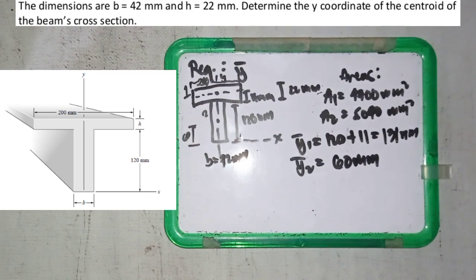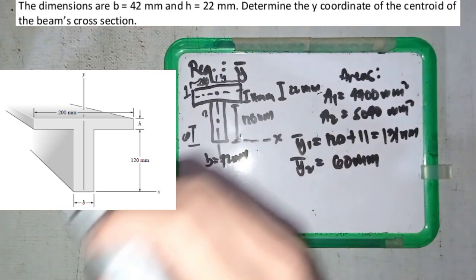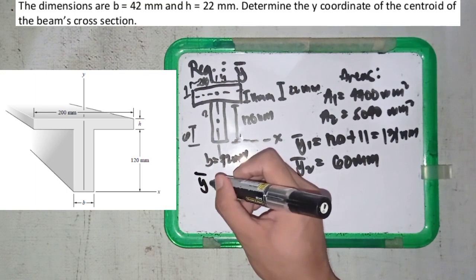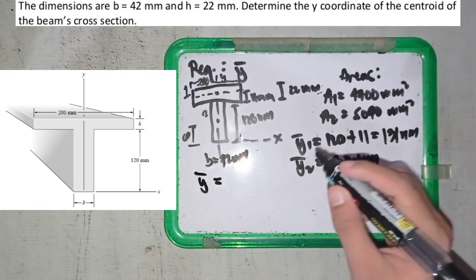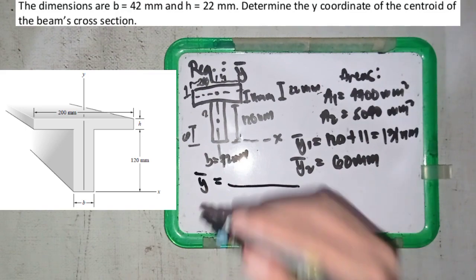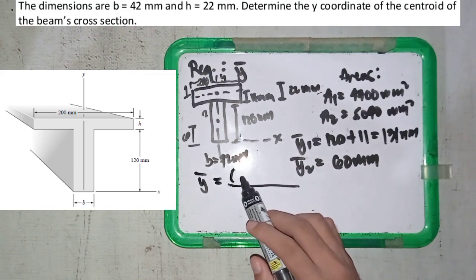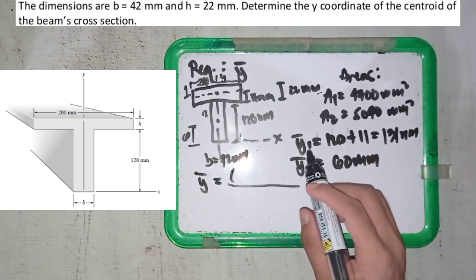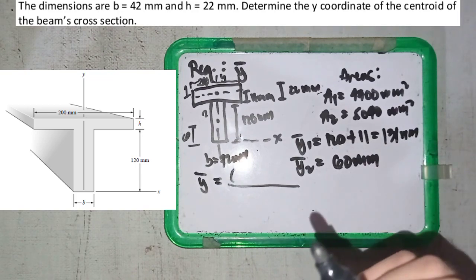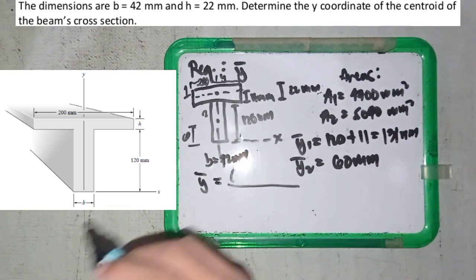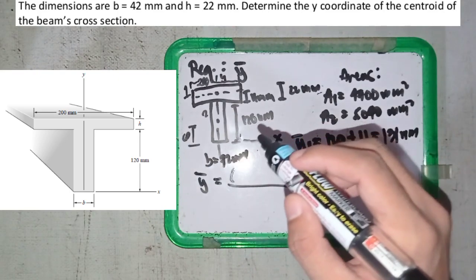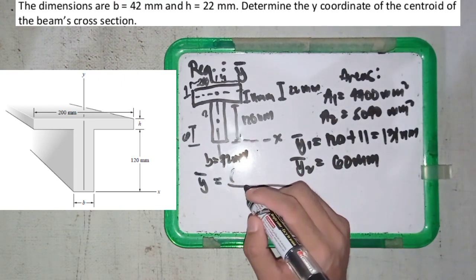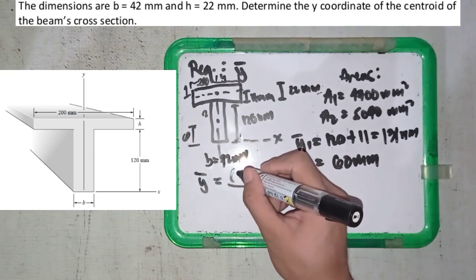Now we can compute the y coordinate of the centroid of the whole beam's cross section. We can use this formula: the sum of the products of the area and the y centroid of each composite shape.